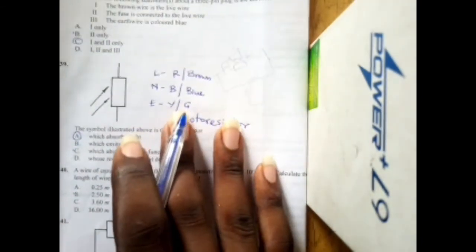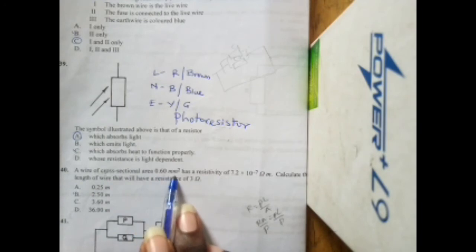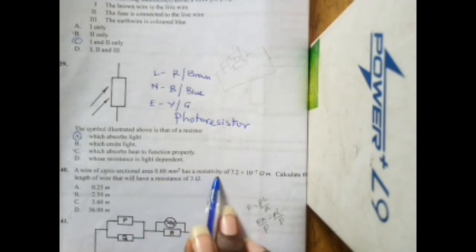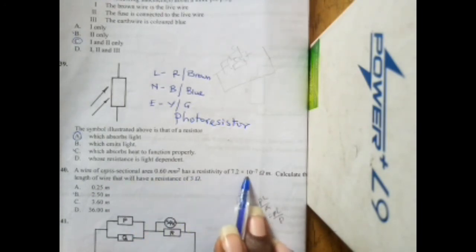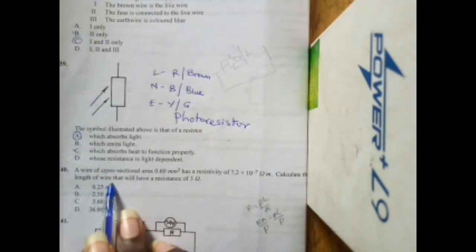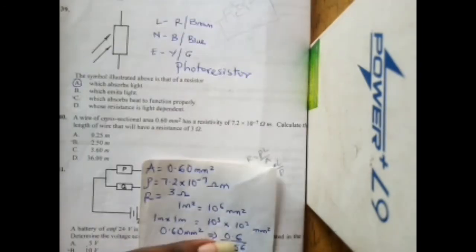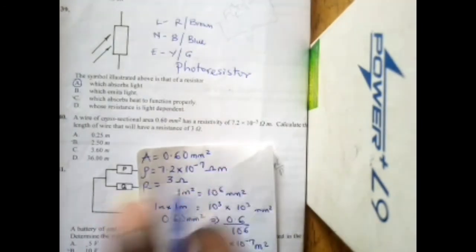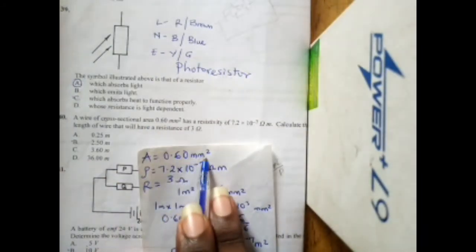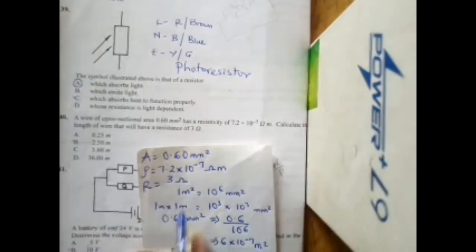Okay, so I have another example here. A wire of cross-sectional area 0.6 millimeter square has a resistivity of 7.2 times 10⁻⁷ ohm meters. Calculate the length of the wire that will have a resistance of 3 ohms. Given the cross-sectional area, resistivity and the resistance, we have to find the length of that wire.